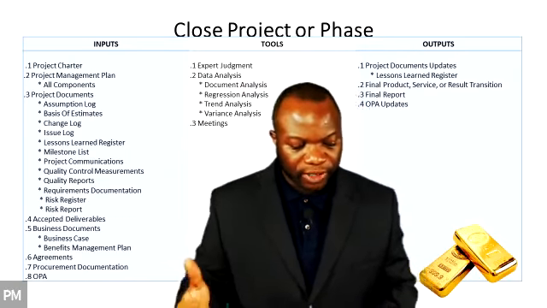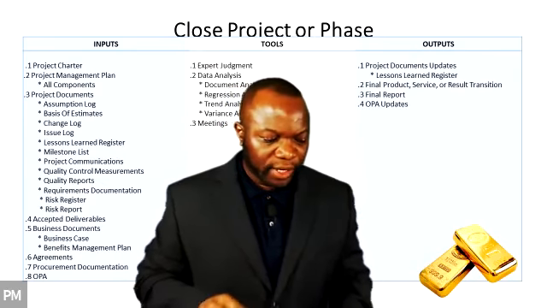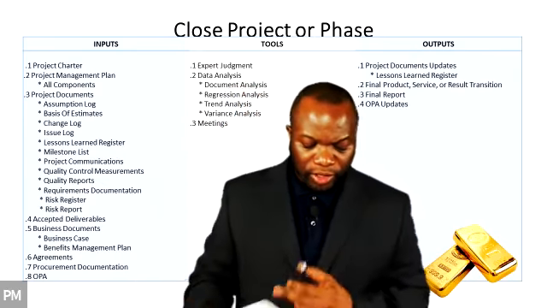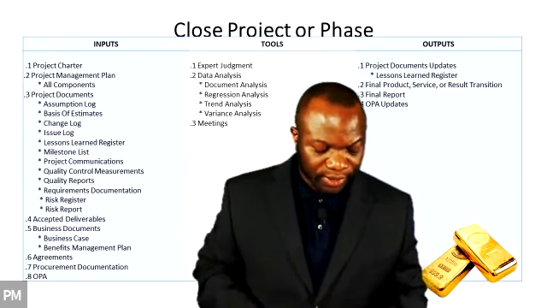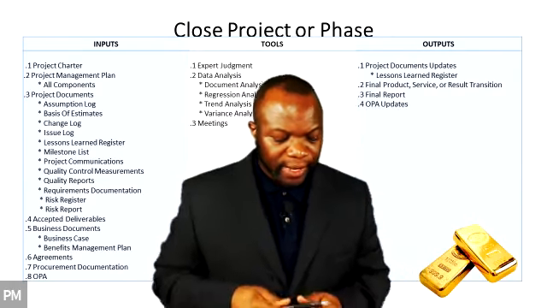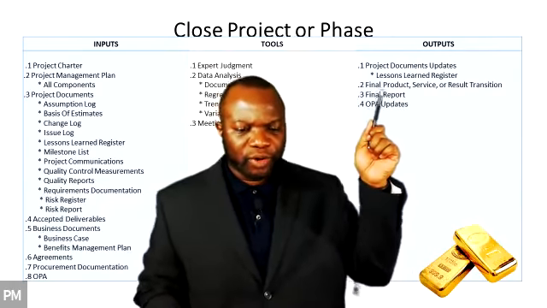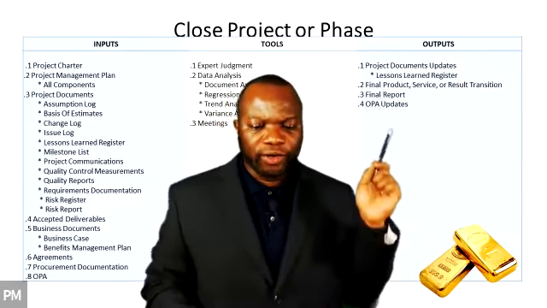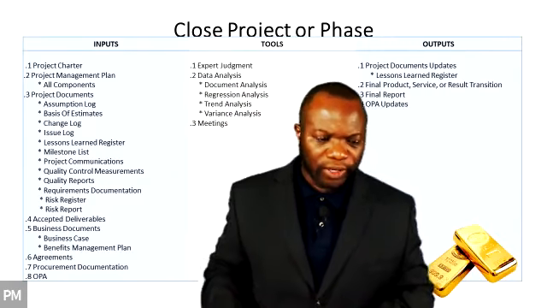And an estimate for when the business needs will be met in the future. So your final report could have a plethora of information in it. You can see there are 8 bullet points just about that. And it is important because that is one of the major outputs from any project. At the end, you want a final report on whether you got to the end successfully or not.